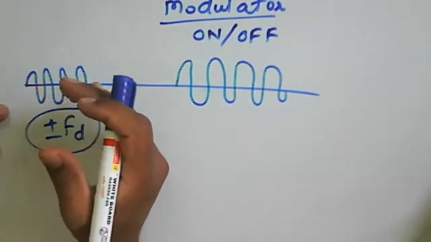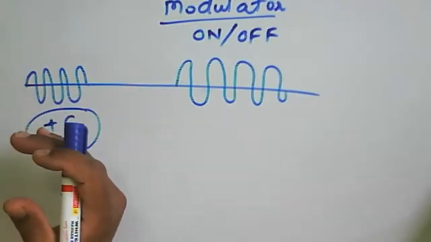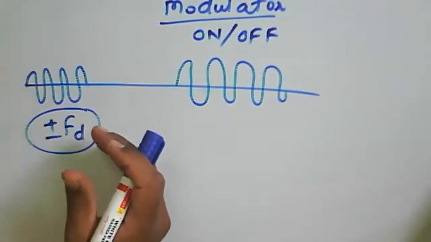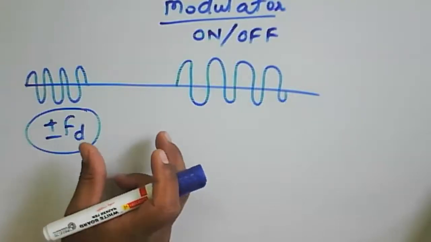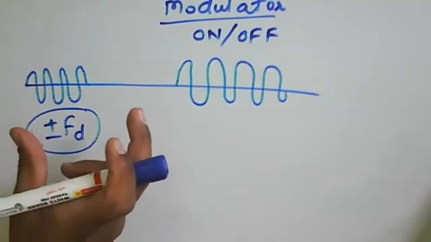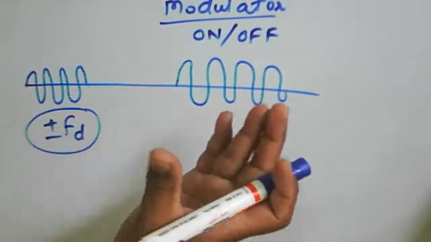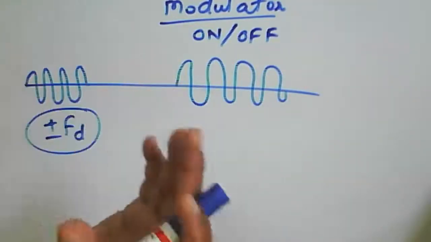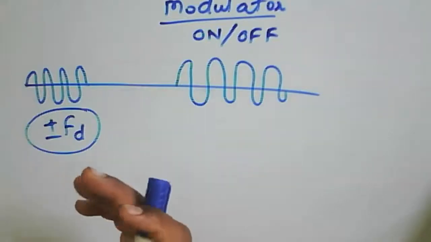But again, the same signal we are getting because of the clutter, and because of that clutter we can say there will be a target, even if there is no target, but we are getting some signal.